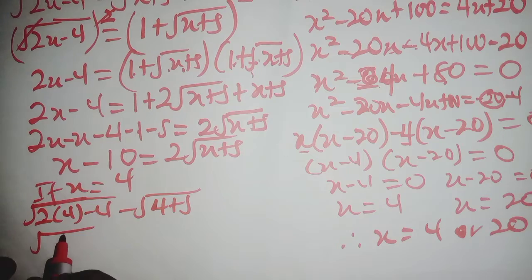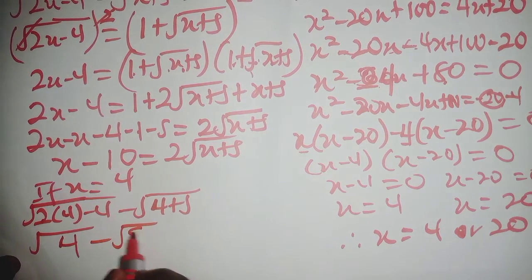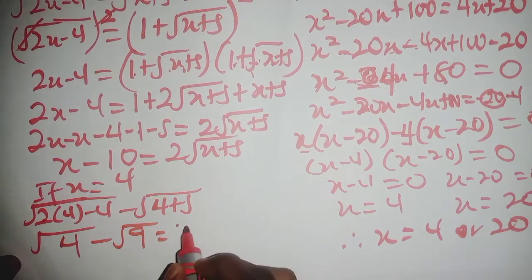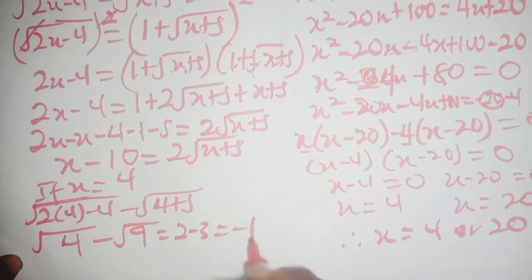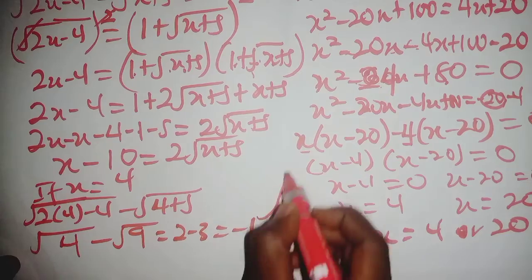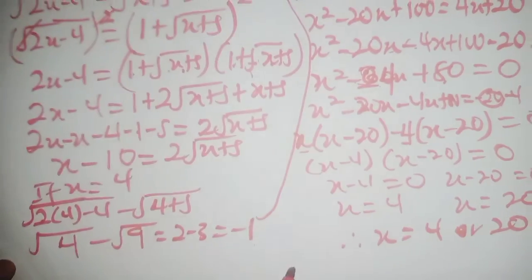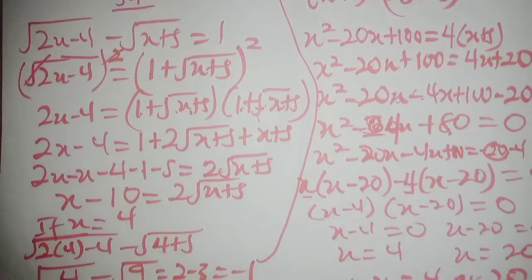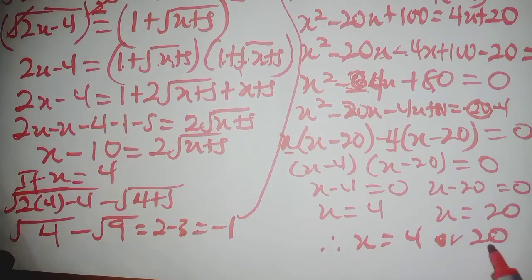So I have square root of 4 here, and then minus square root of 9, which gives me just 2 minus 3, which is equal to negative 1. So remember, it does not correspond to the one we had. It's not equal to 1. So which means that what we have to do is now use the second one.